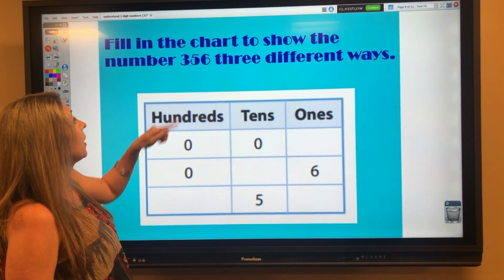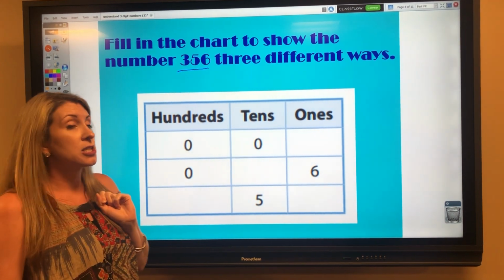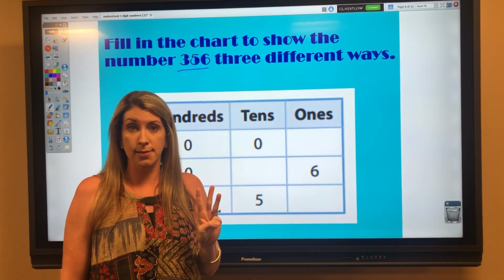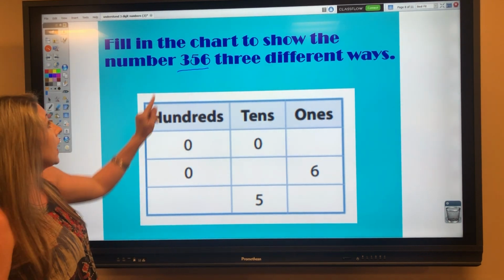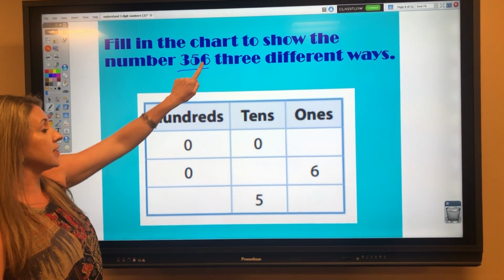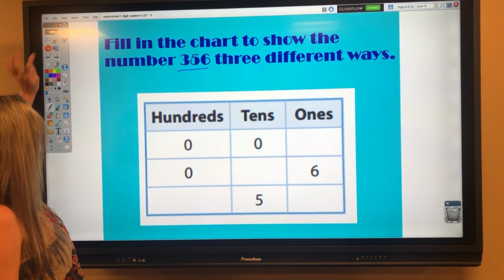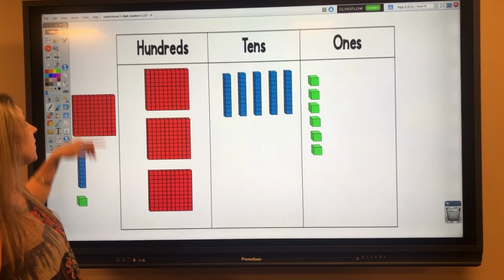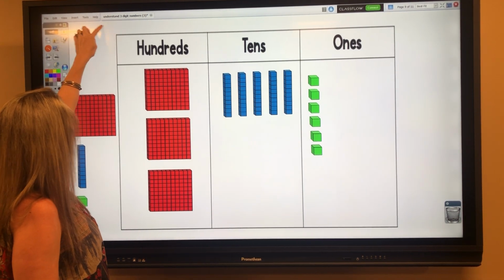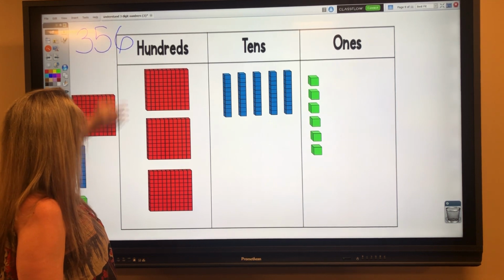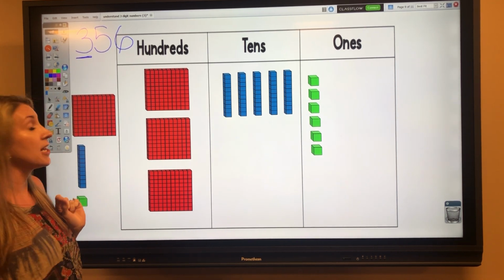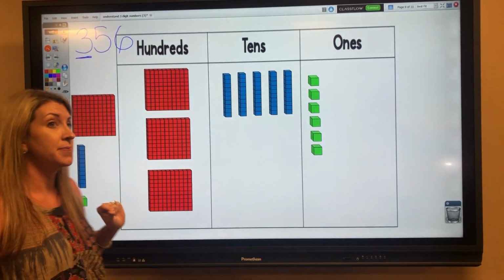So let's look at the number 356 to write it 3 different ways. In the number 356, we could see that it has 3 hundreds.